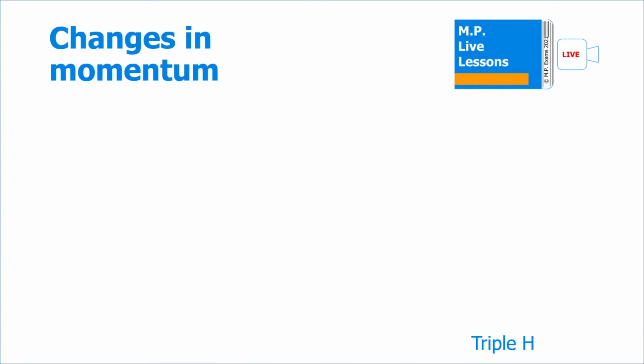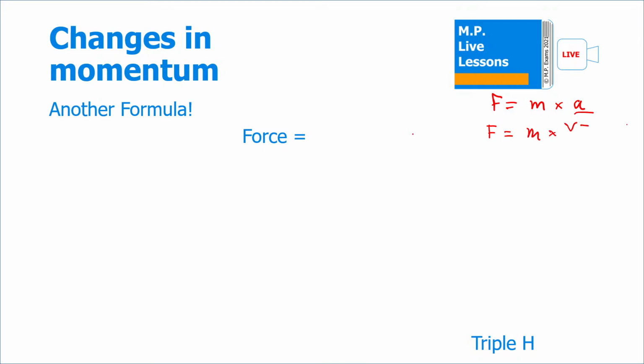Now, another topic for triple higher is changes in momentum. So we have another formula again. We already knew that force equals the mass times the acceleration. Now, acceleration, we already have another formula for that, which is v minus u over t.